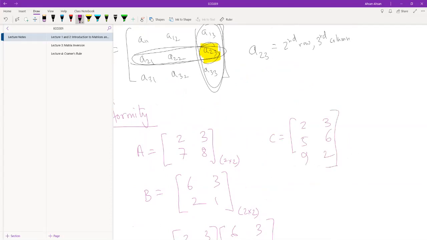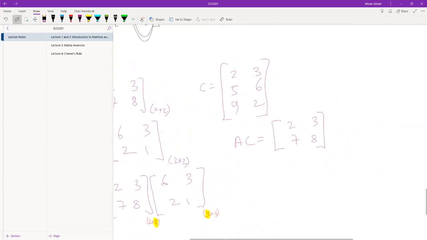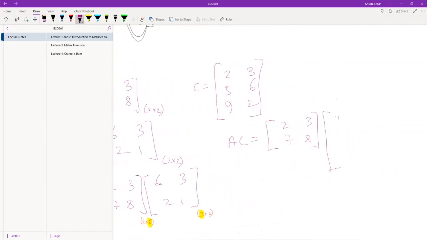Suppose this is what we have, and we want to find AC. So what we get is 2, 3, 7, 8 multiplied by 2, 3, 5, 6, 9, 2.